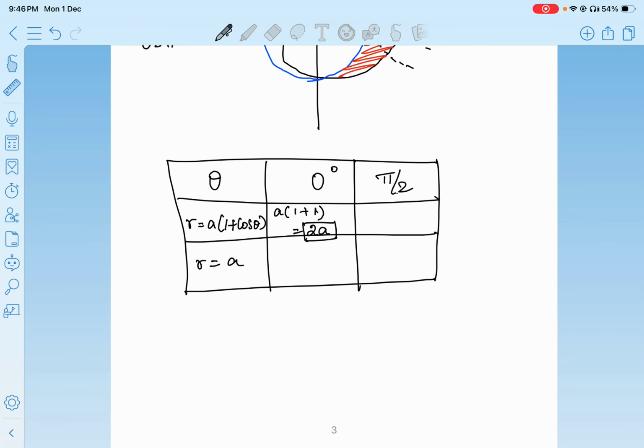The value of cos pi by 2 is 0, so r equal to a into 1 plus 0, so your r is just a.